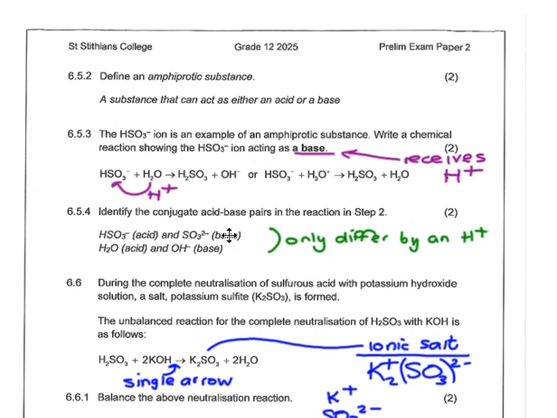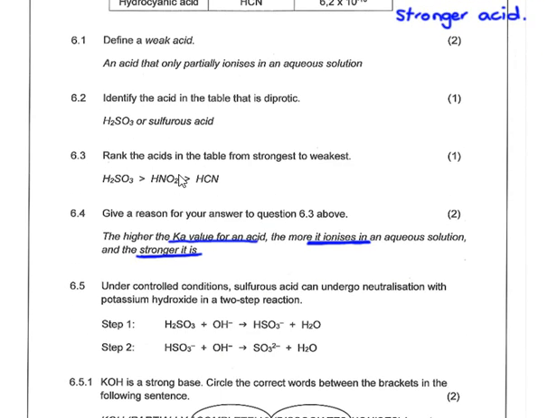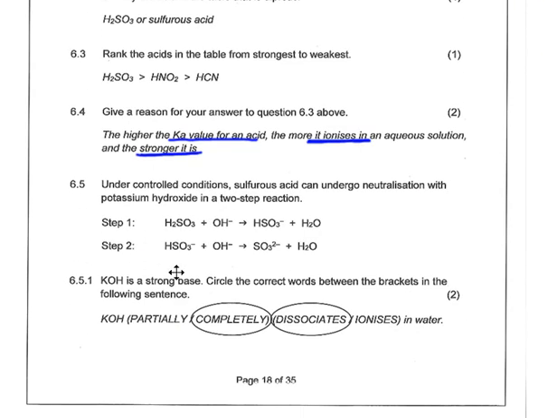Then identify the conjugate acid-base pairs in reaction 2. Here was step 2 of the reaction. Remember, acid-base pairs only differ by an H plus. So this one is the acid, and its base partner is this one. They only differ by an H plus.